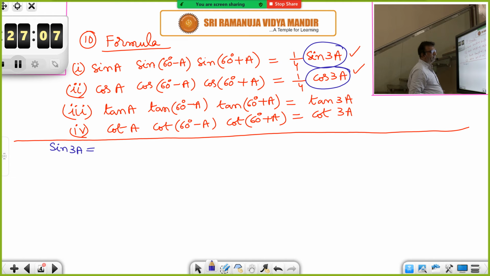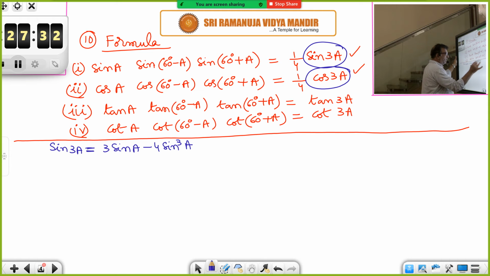First you tell your name. Shreyas, you have taken the initiative, welcome. So, tell me the formula. 3 sin A minus 4 sin cube A. Very good.